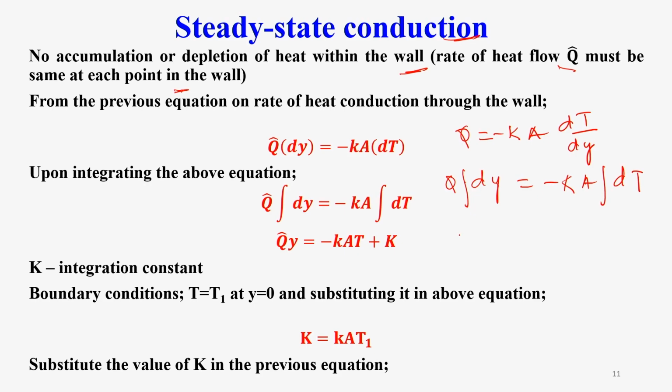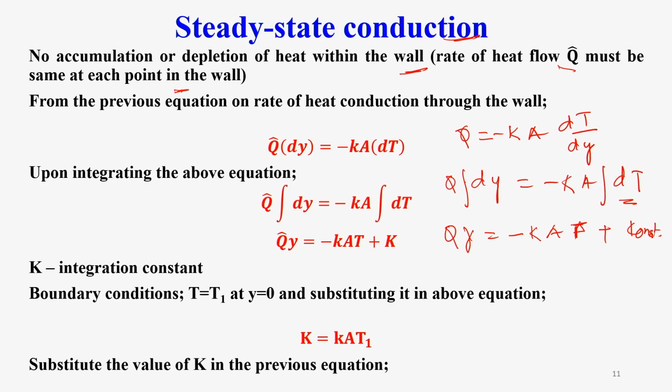So, we will simply end up with Q into y equals minus K A T plus a constant, the integration constant.